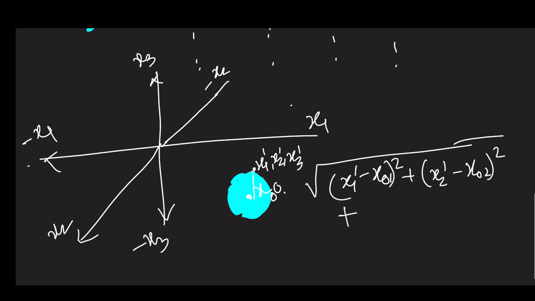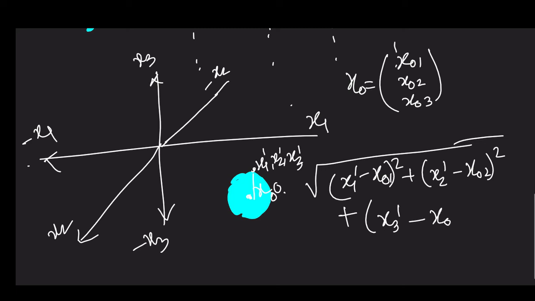Accordingly your x0 will also have a tuple like x01, x02, x03, so plus (x3 dash minus x03) square. This x1 dash, x2 dash, x3 dash are variables moving around, like you have placed a football with center at x0, and this one defines the outer surface, so it will be equal to r.